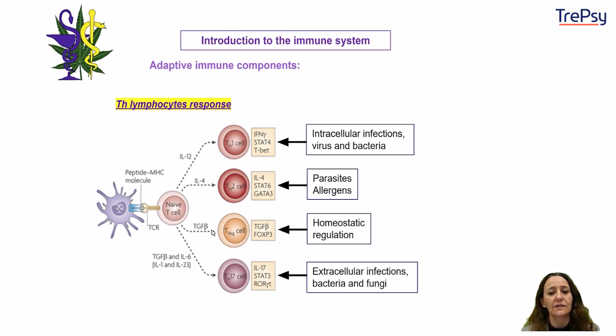They can suppress the responses of the other cells. And finally, the Th17 cell population are mainly activated when an extracellular infection is in our organism, and this can be bacteria or fungi.